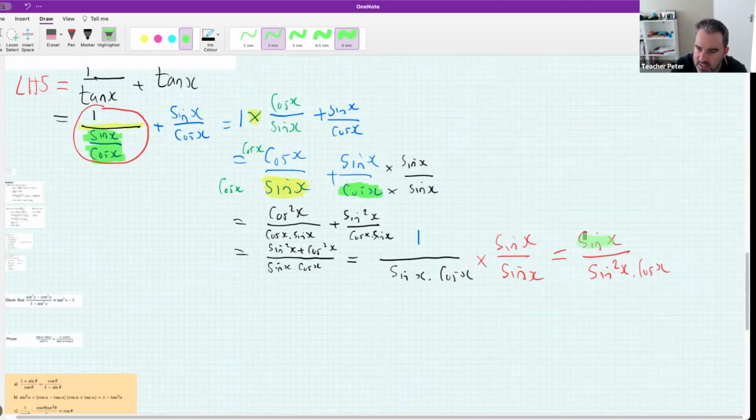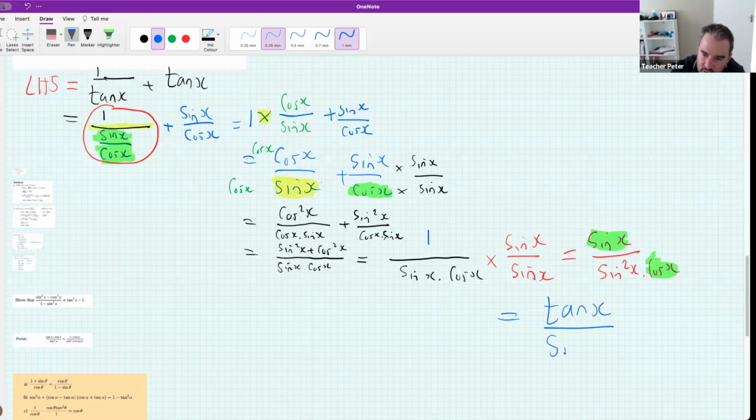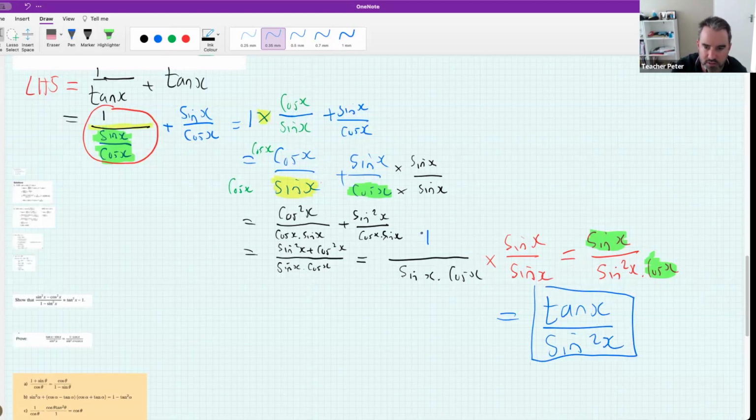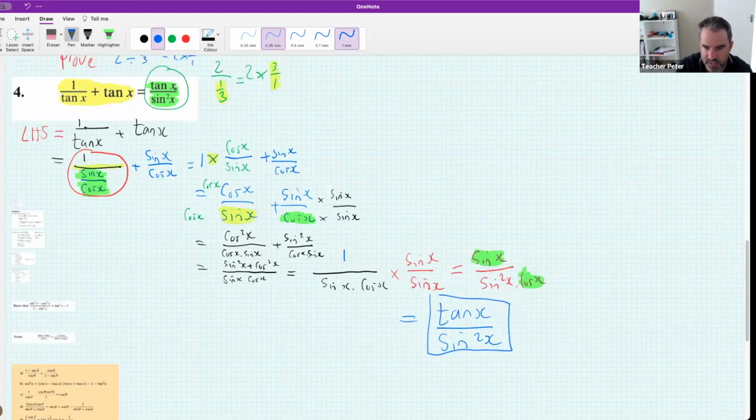What is sine x over cos x the same as? It's tan x, yes. So that's tan x. And on the bottom, I have sine squared x. Oh my gosh. Okay, I think I chose the hardest identity in the history of the world for you guys today. Sorry. But it turns out that that's the correct answer.